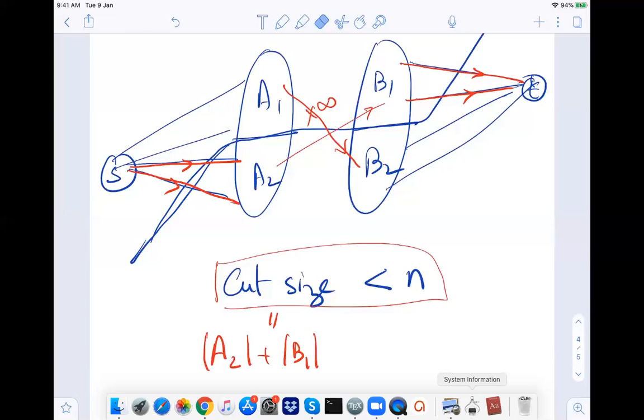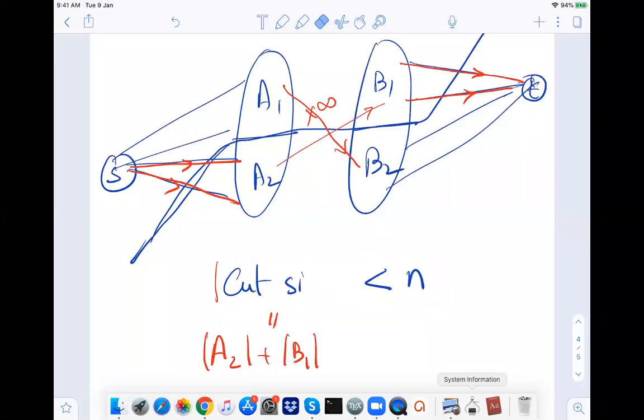Or, if the cut size is less than n, then the cut size must be A2 plus B1. And that means A2 plus B1 is strictly less than n.